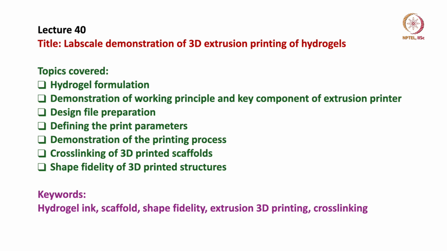So this demonstration is composed of a few parts. In the first part, I'll be showing you how to design a particular scaffold using engineering design software. The second part essentially involves the demonstration of the soft hydrogel preparation.